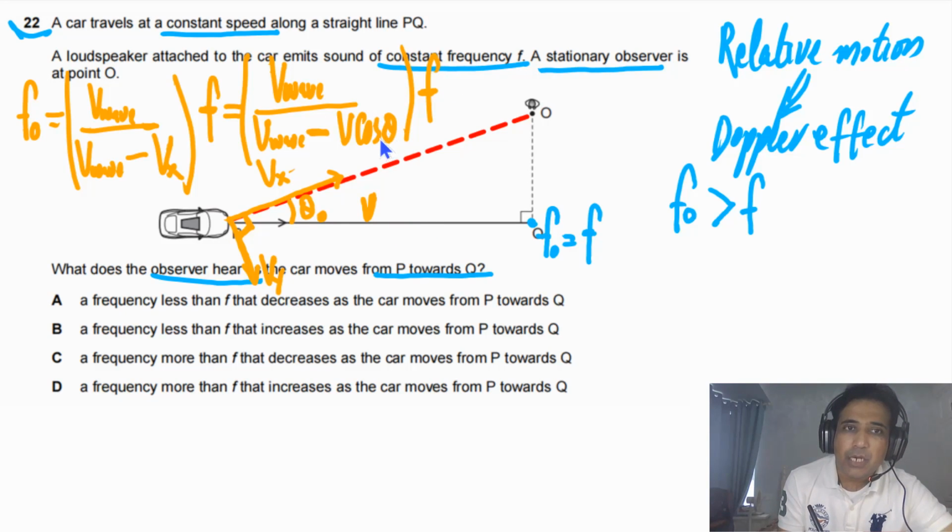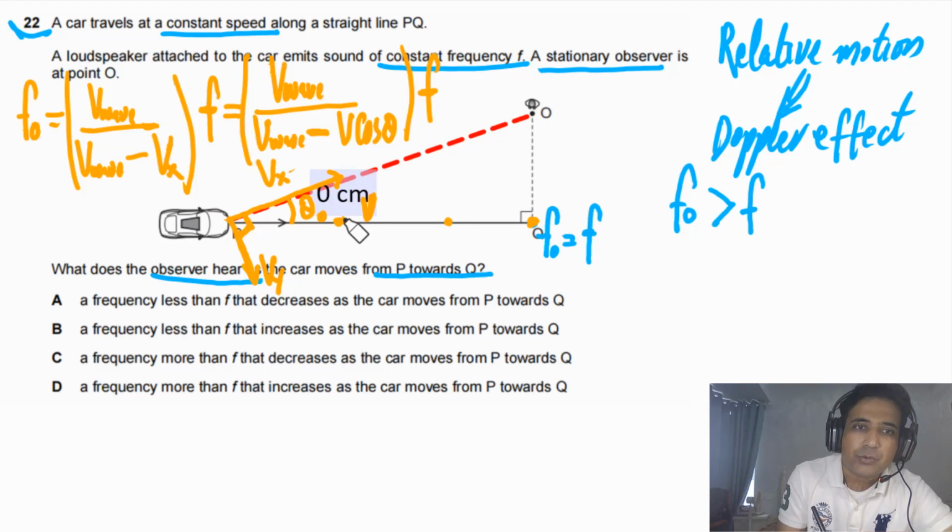Now we need to understand how this theta is changing when the source is approaching the observer. For that purpose, we can imagine the source at different points.